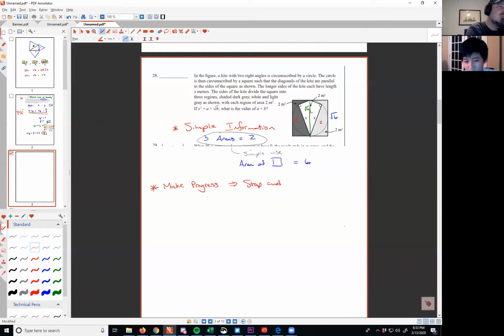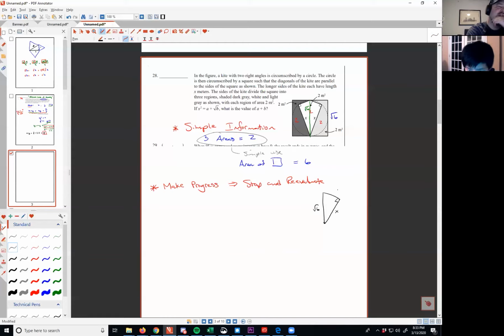Because root 1 out of 6 times root 6 is 1, because it's half of that. So then you multiply that by 2. So what's the area of each one of these right triangles? 1. Okay. The area is 1.